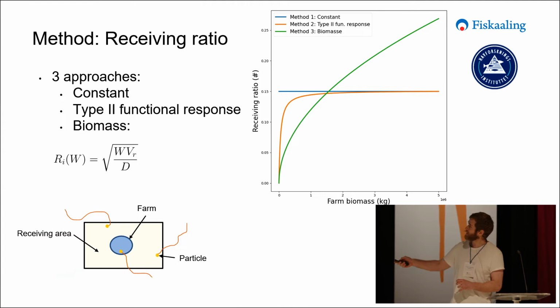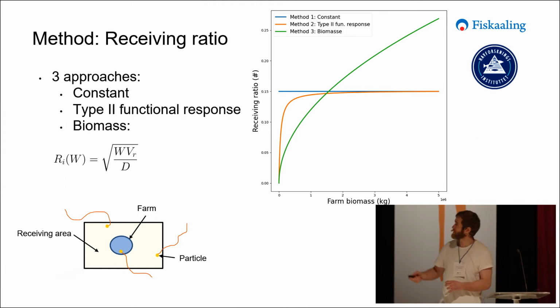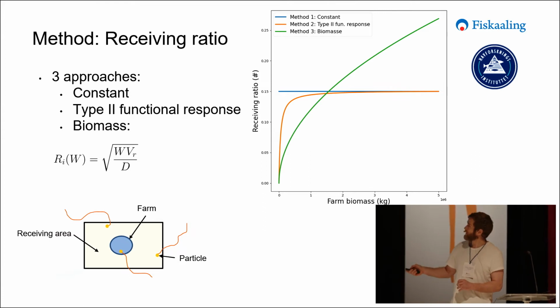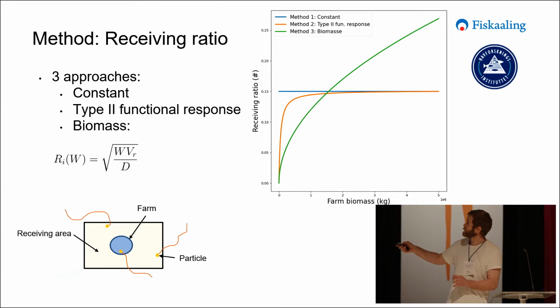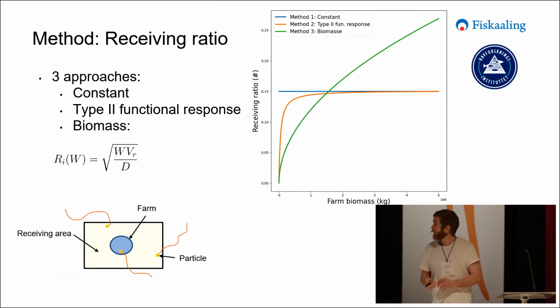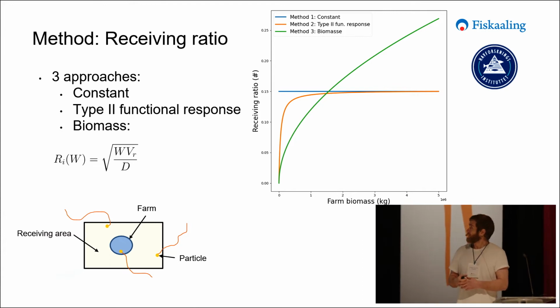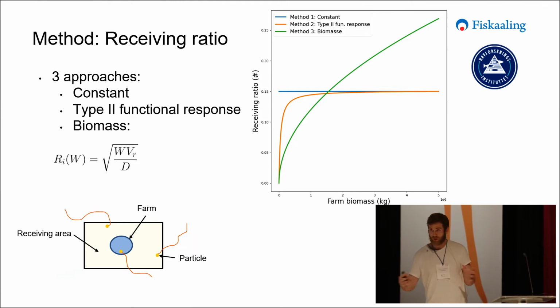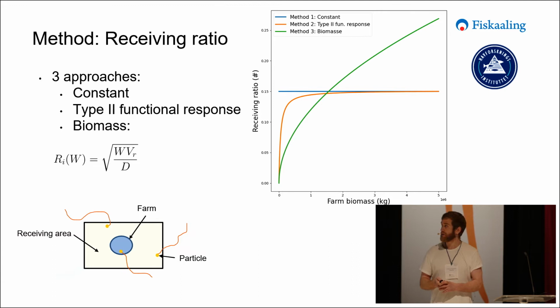So initially, when you have a low biomass or number of fish, you will have a low receiving ratio. But after some time, it will go up and approach some constant. And we also looked at this receiving ratio as a function of biomass. So we estimated how much volume a farm takes up depending on how much biomass is in the farm.